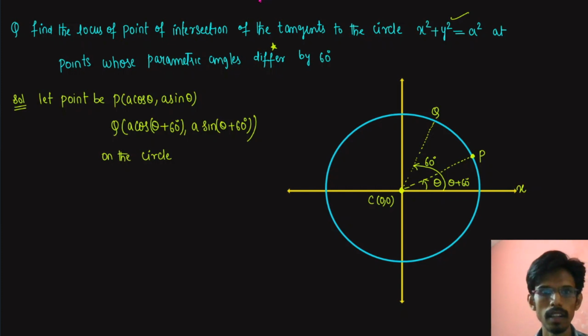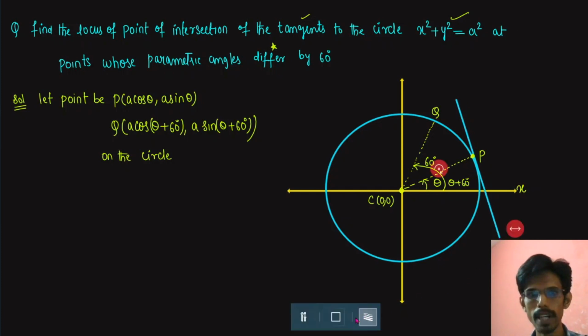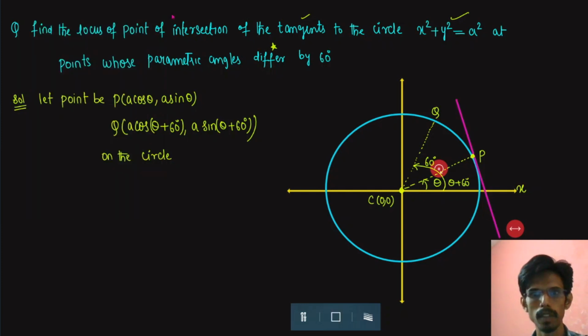Now let me draw the tangent at point P. This will be the tangent. A tangent is nothing but a line touching the circle at one point.